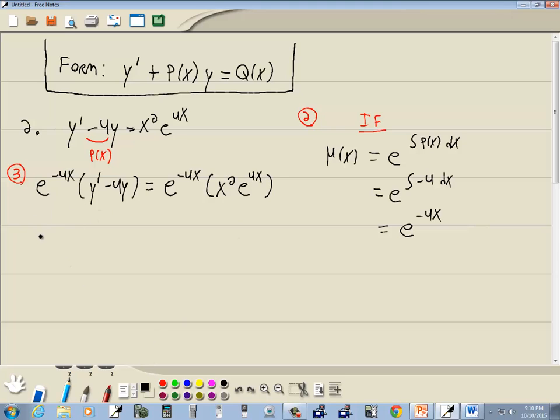Well, if I multiply that through, I'm going to get e to the negative 4x y prime minus 4 e to the negative 4x y equals, and over on this side, e to the negative 4x times e to the positive 4x. Since they're both e to a power, you add the exponents. Negative 4x plus 4x gives me 0, and e to the 0 is 1, so it drops away. And that just gives us x squared.